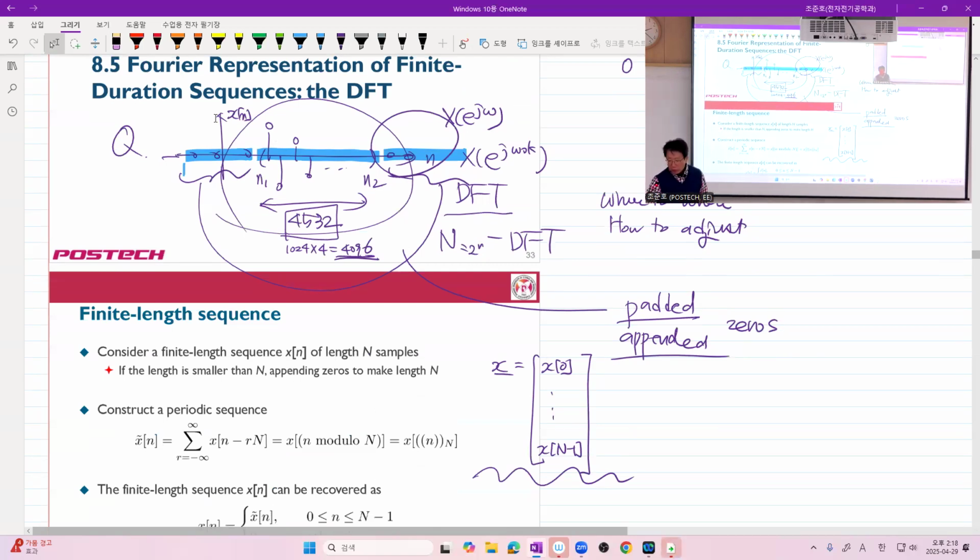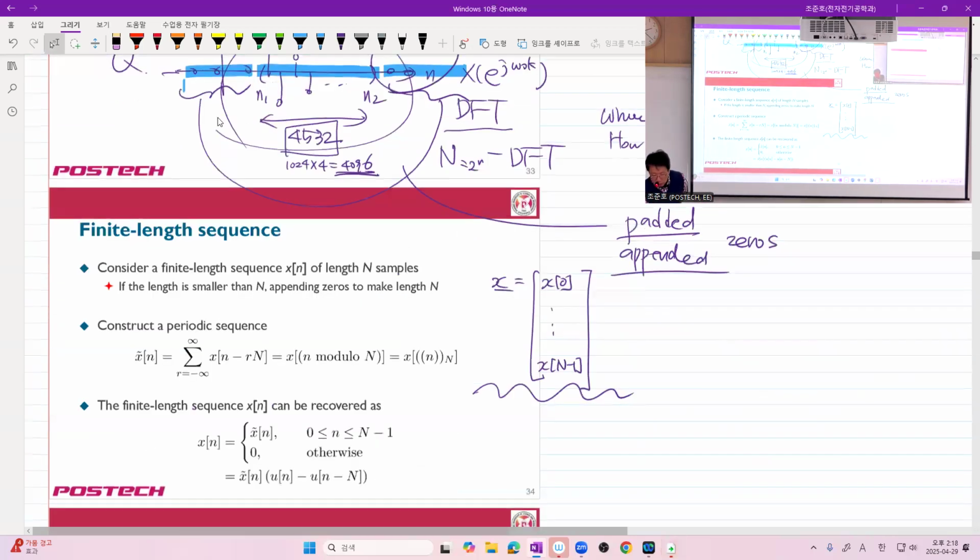Now, what you do is, so you have xn, you take x and perform periodic extension. By the way, what is periodic extension?